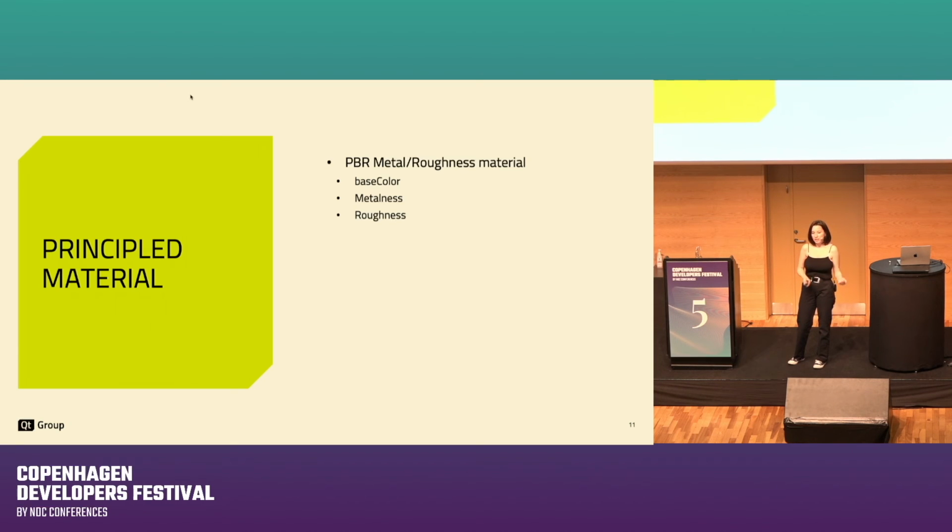PBR, physically based rendering, stands for materials that describe each property in a physically logical way, and in this way it gives us realistic results in every lighting condition. The other one, metal roughness workflow, is a very popular approach in computer graphics and 3D rendering.